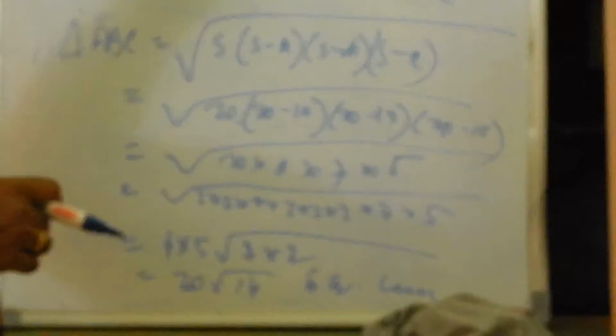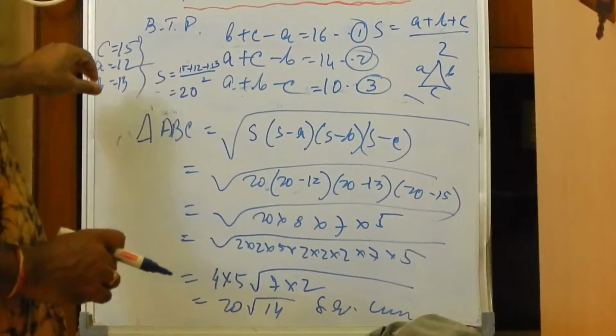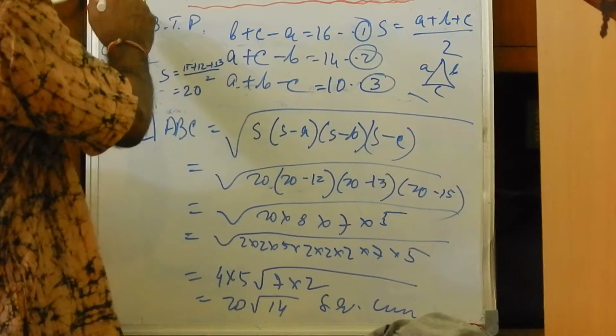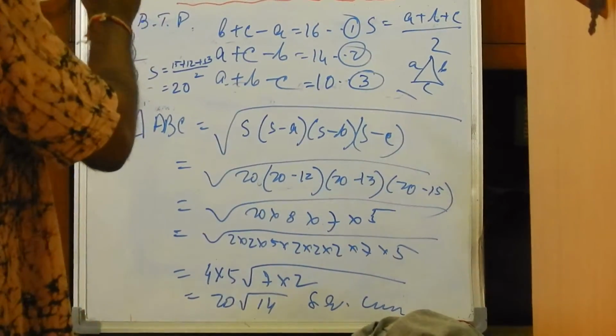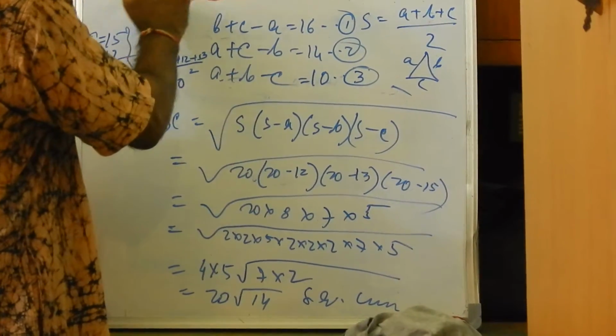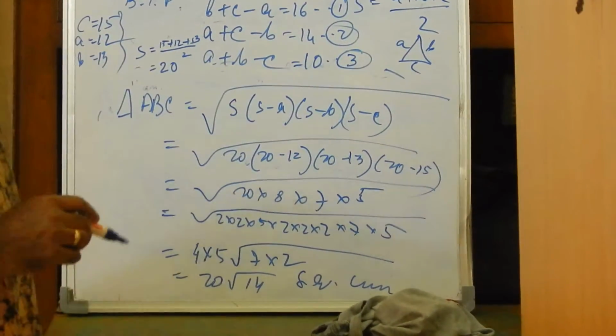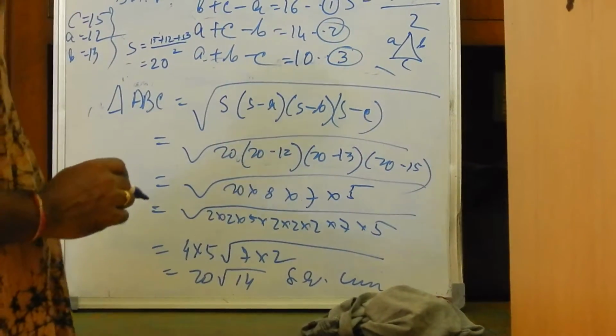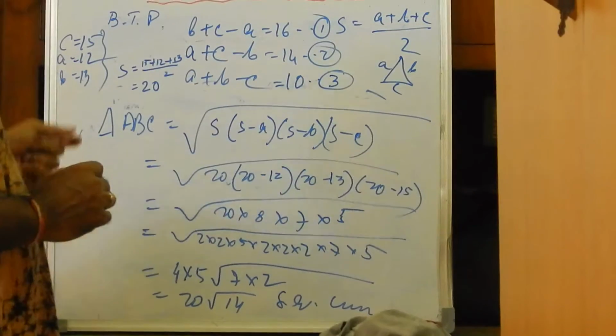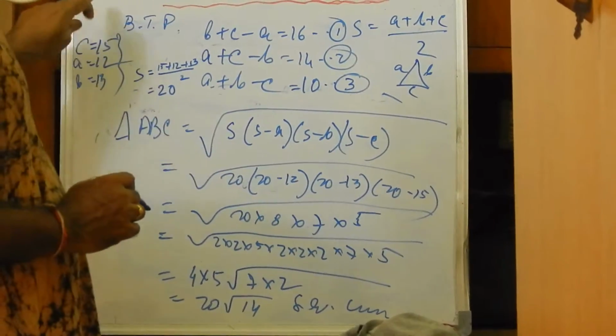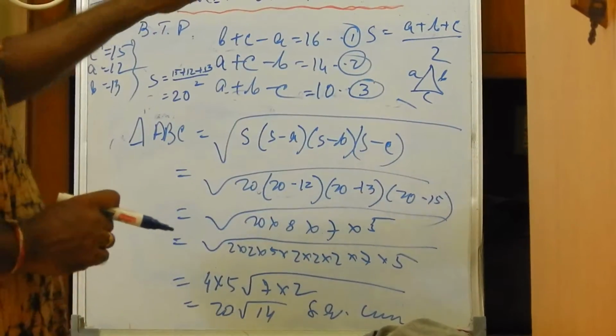I repeat again, the conditions were that the differences between the semi-perimeter of a triangle and its sides were 8, 7, 5 cm respectively. We have to find the area of the triangle. So what we have done, S is equal to a plus b plus c by 2.